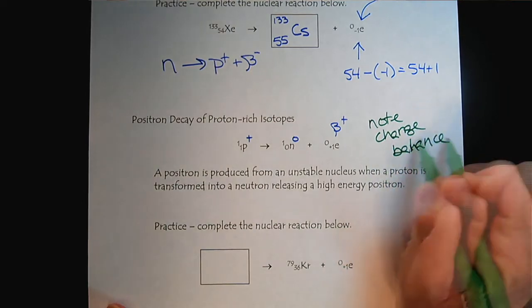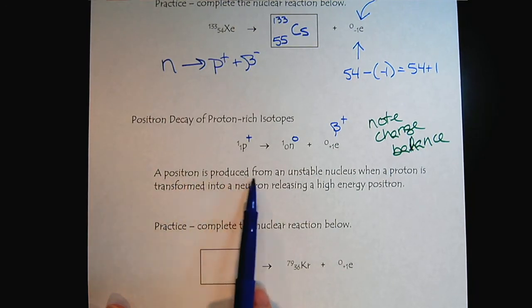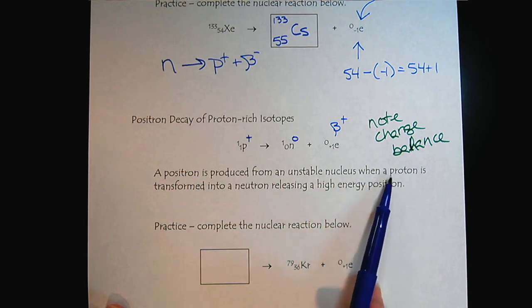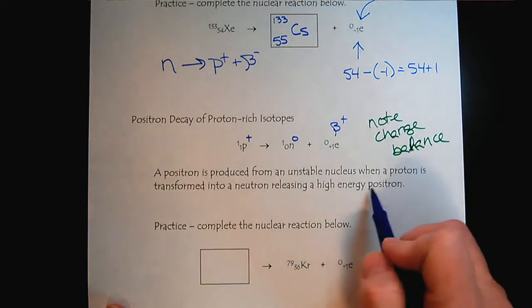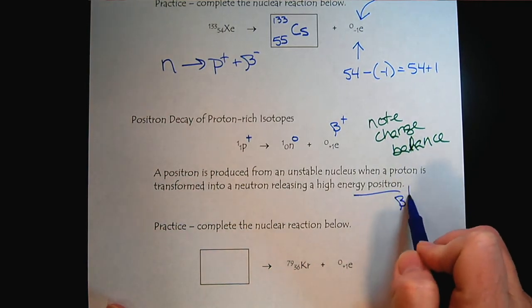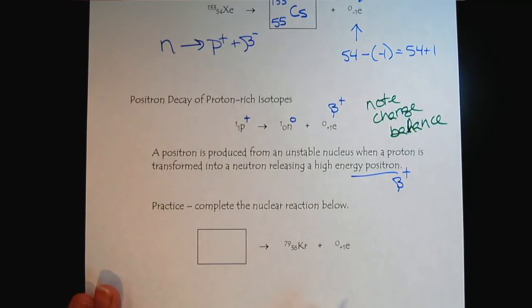Mass is balanced as well, but that doesn't help me as much, so I don't emphasize it. The positron is produced from an unstable nucleus when a proton is transformed into a neutron, releasing a high energy positron.